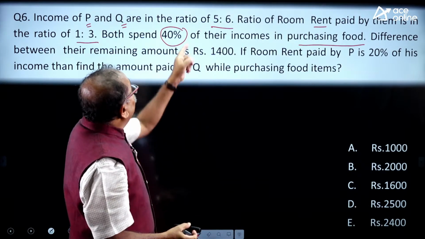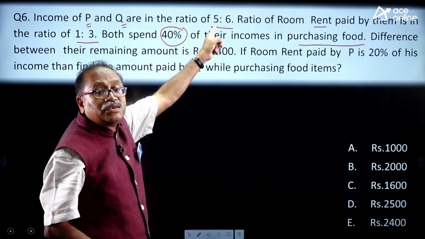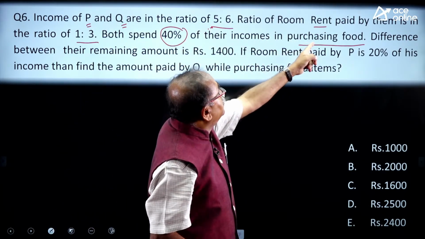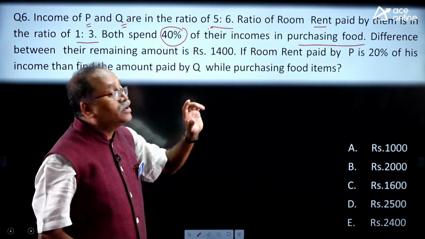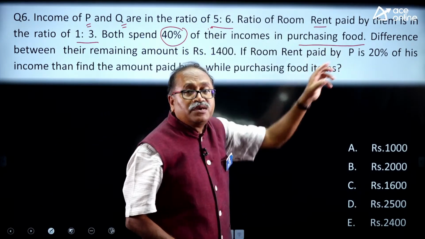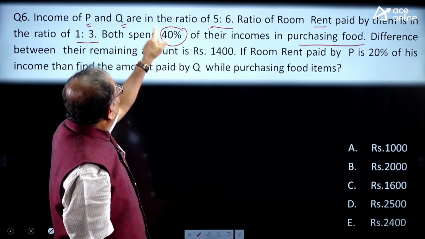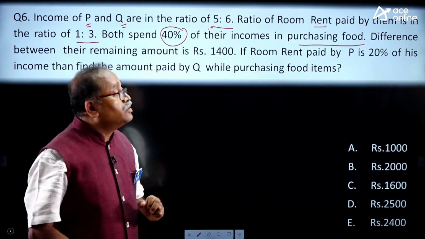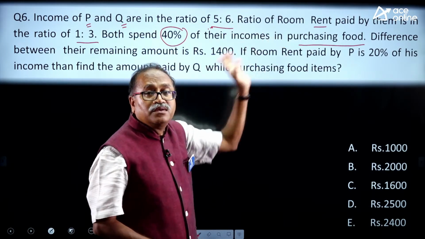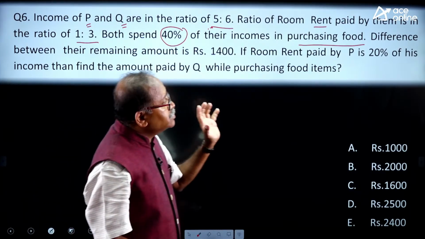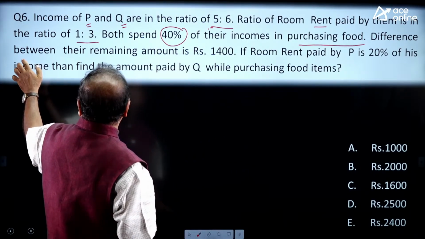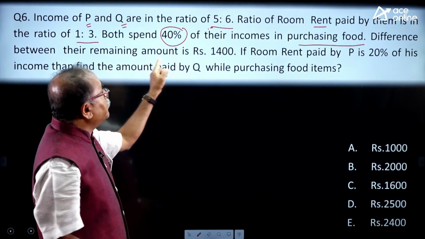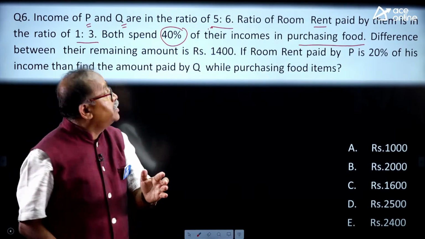So, if the income of P is 5x, Q's is 6x, and both spend 40% on food. So Q spends 40% of 6x on food. The difference between their remaining amounts is 1400.